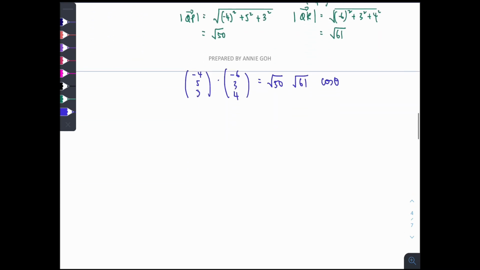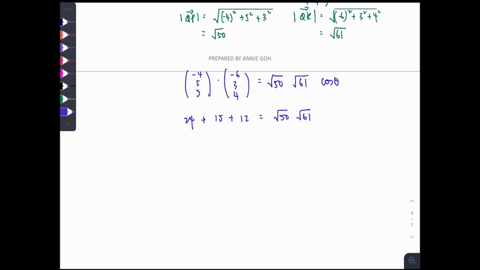And for now, how do we find the dot product? According to the formula earlier, we just need to take x1 times x2 plus y1 times y2 plus z1 times z2, which means negative 4 times negative 6 is 24, plus 5 times 3 is 15, plus 3 times 4 is 12.